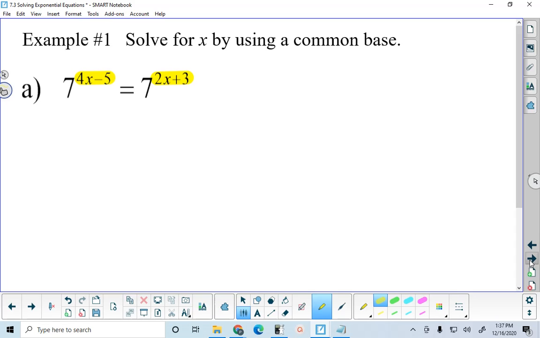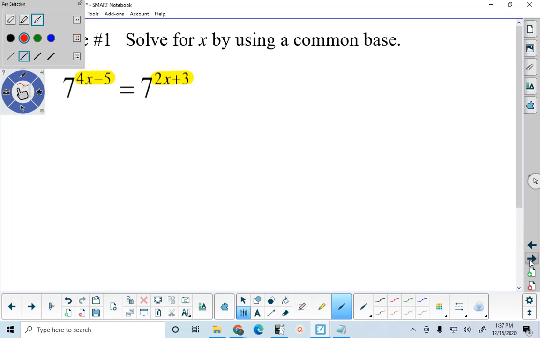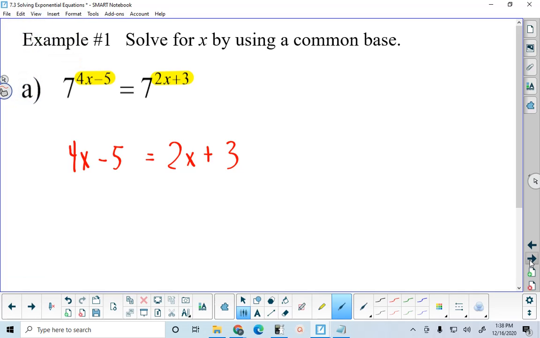The reasoning here is that we go from this equation to this equation, but we don't do that because we're dividing both sides by 7 or we're canceling the 7 somehow. We do that for a logical reason.